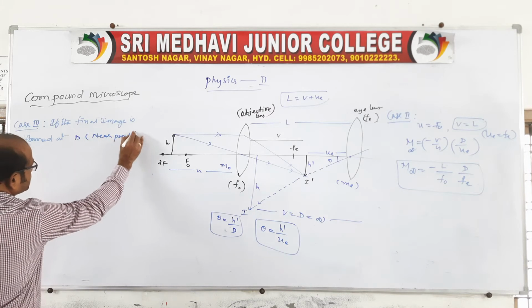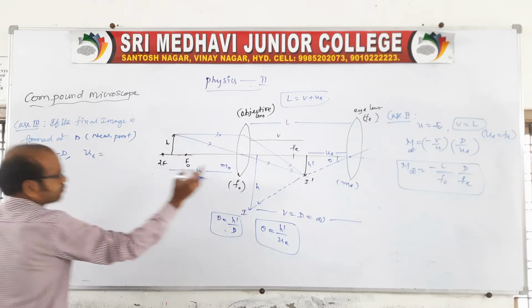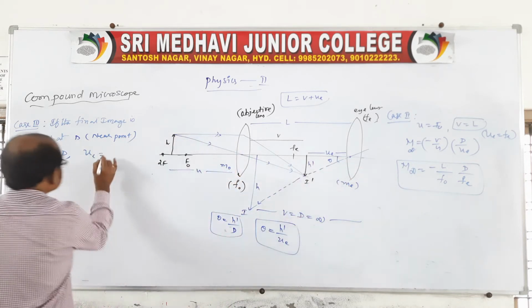So the image is formed like this. Using this lens, the image position will be minus D, and the object position will be minus UE.